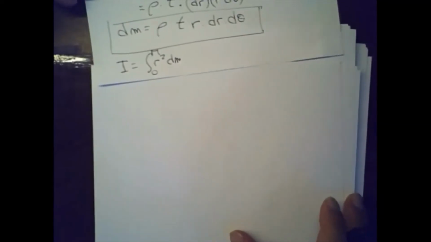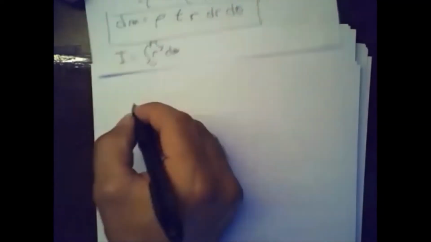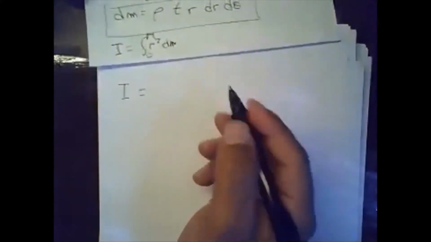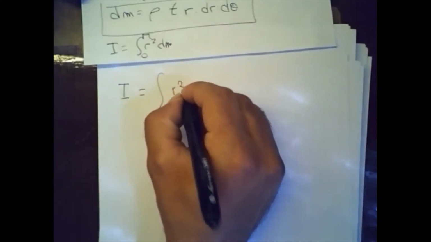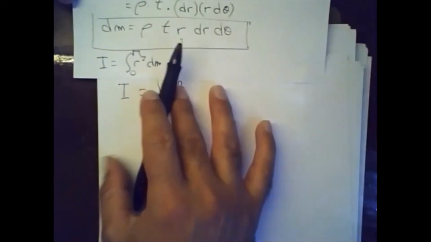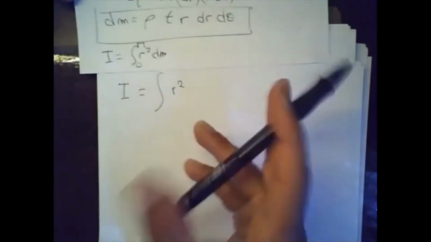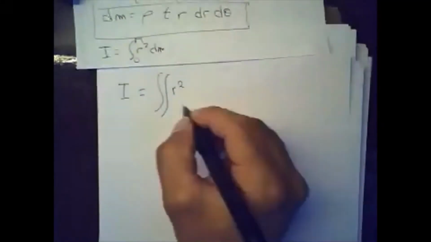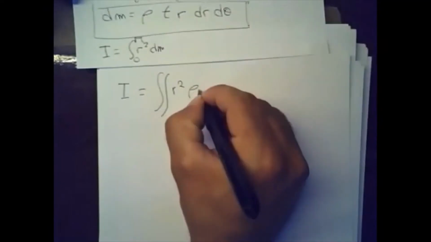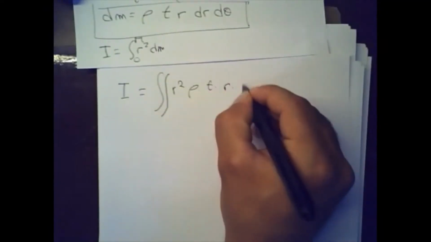So here I is going to be equal to r squared multiplied by dm. Now notice dm actually has dr and d theta as your variables, so you have to update that. And r squared multiplied by rho times t times r times dr times d theta, right?